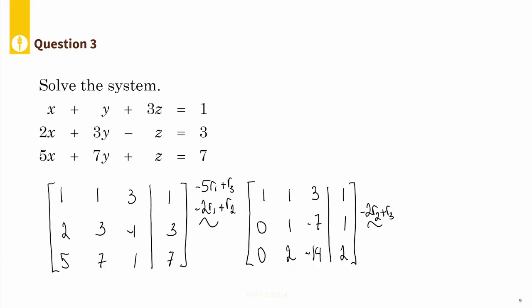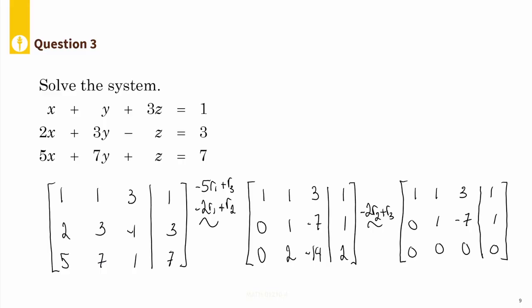All right, -2 row 2 plus row 3. Yes? That's nice.